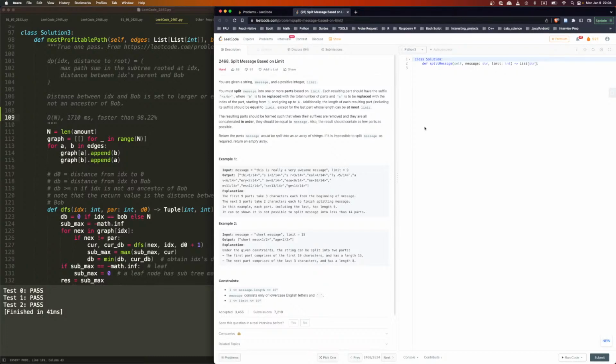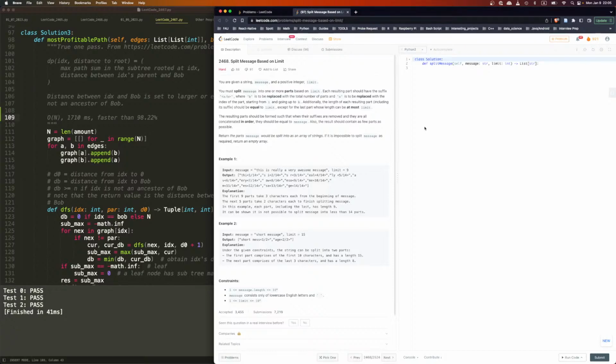Each resulting part should have the suffix <a/b>, where b is to be replaced with the total number of parts, and a is to be replaced with the index of the part, starting from 1 and going up to b. Additionally, the length of each resulting part, including the suffix, should be equal to limit.